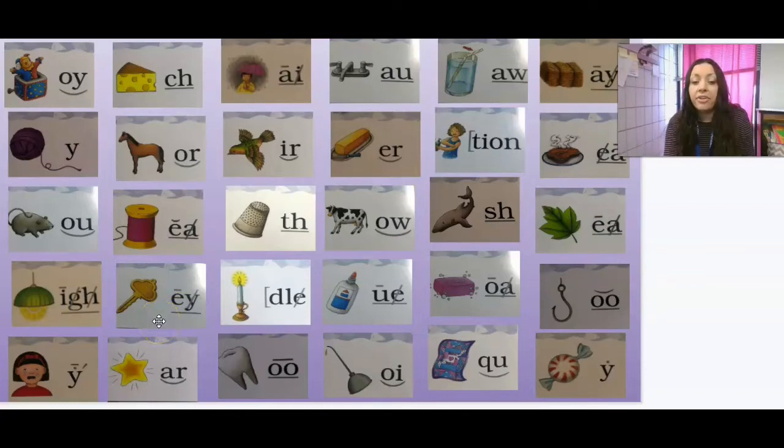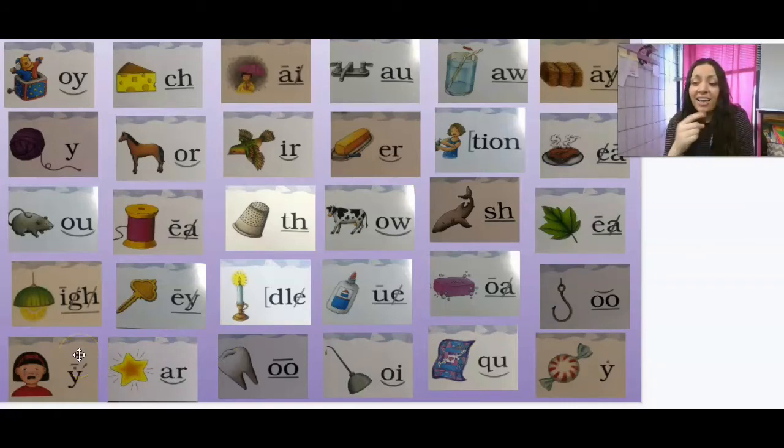And then we have key, E, digraph EY. Remember, that's our new one. Candle, dull. Final syllable, DLE. Glue, U, digraph UE. Soap, O, digraph OA. Hook, digraph OO.